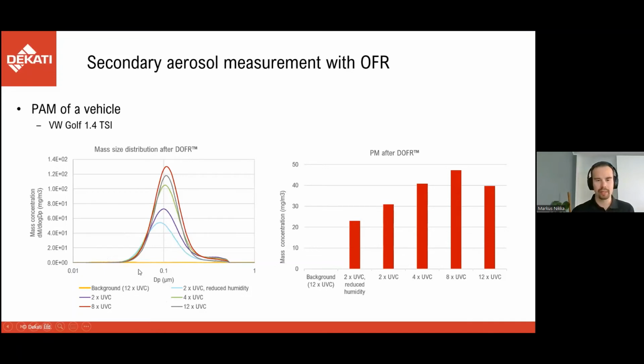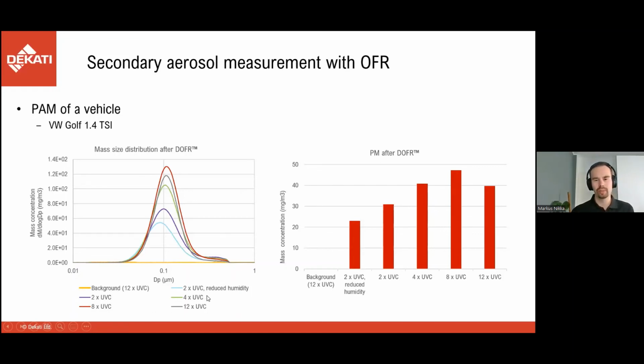We have a background first, which you can barely see on the bottom. So this is the secondary aerosol mass produced from the pressurized air and so on, the sampling lines. They always have some potential to contribute to the measurement, but in this case we can see that there's no significant contribution.